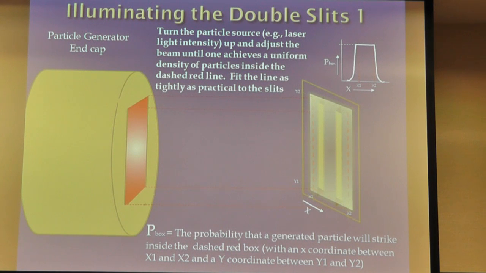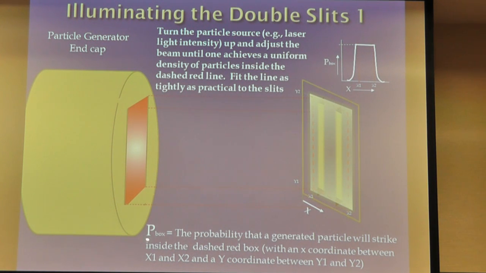It's this kind of uniform probability. It dribbles off on the edges some, but basically it goes up here at our x1 and our x2, and it's a flat probability distribution of the illumination inside the dotted red line. So that's the key. That's the secret of aiming the laser gun.